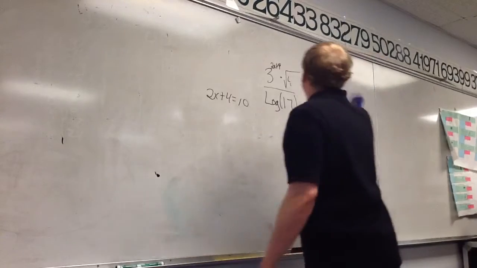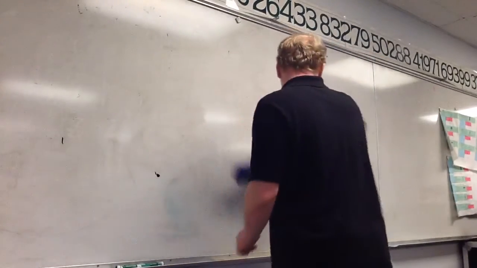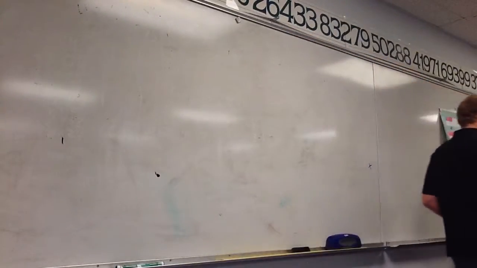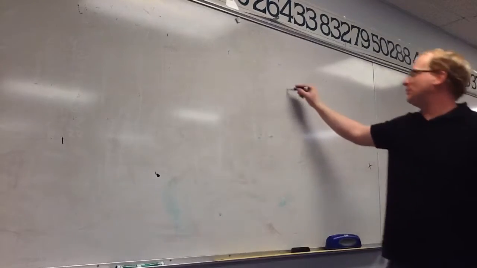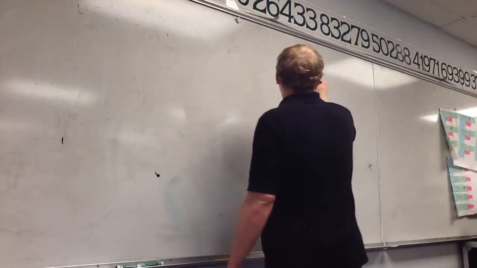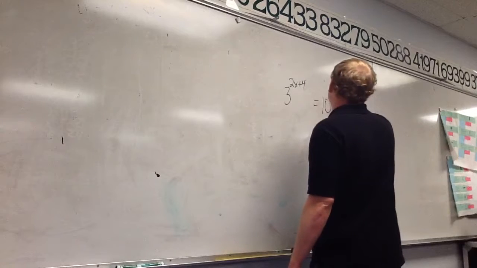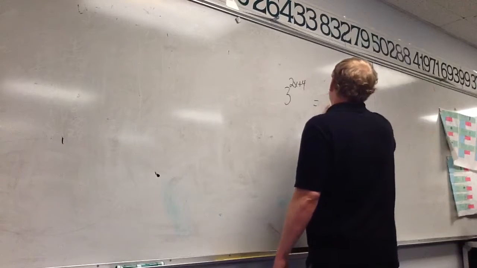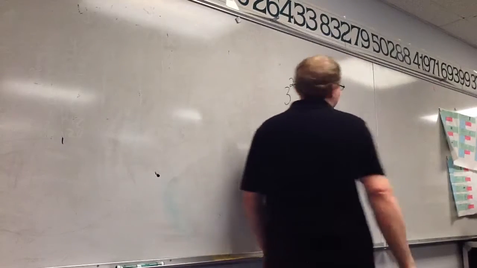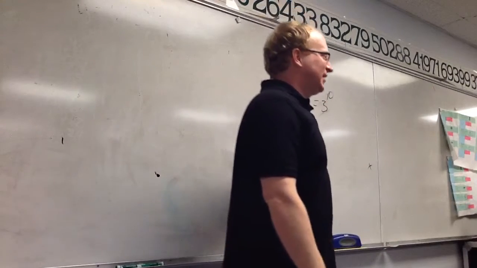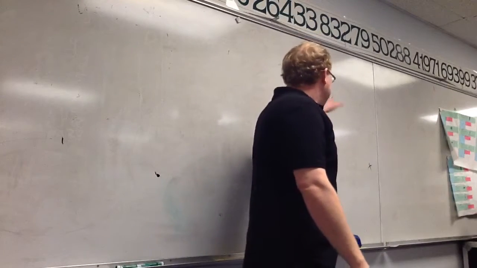Last thing before I give you this. How did she do that? It was just, make it simpler. Everything on either side is the exact same, except the exponent is different.